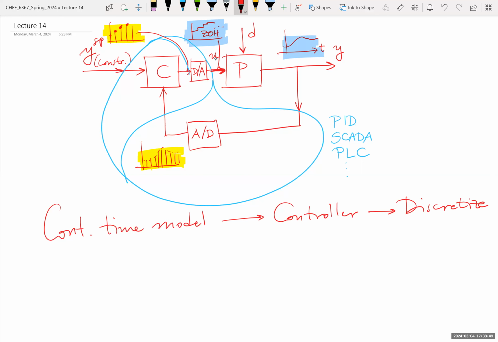Or we can have a discrete time model, and from that, we get directly a discrete time control.